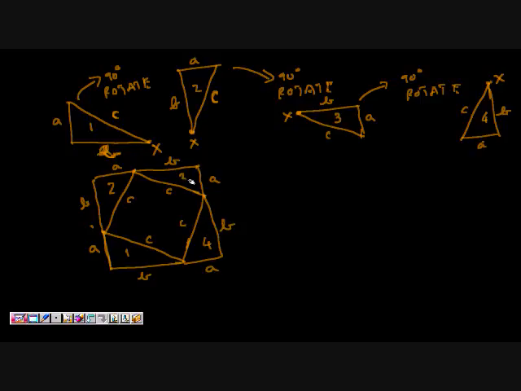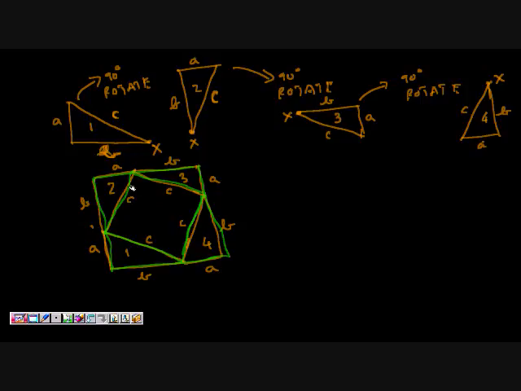Now as you can see, when you combine all these 4 triangles together, you get a bigger square with side A plus B. That's the big square, and that big square encompasses the 4 triangles that we talked about. So that's 1, 2, 3, 4, and in addition to that, there is a smaller square in there with side C. So the bigger square with side A plus B encompasses a smaller square with side C and 4 triangles.